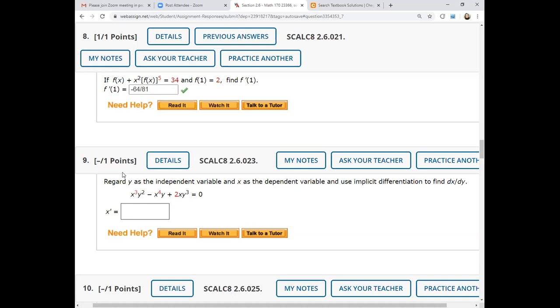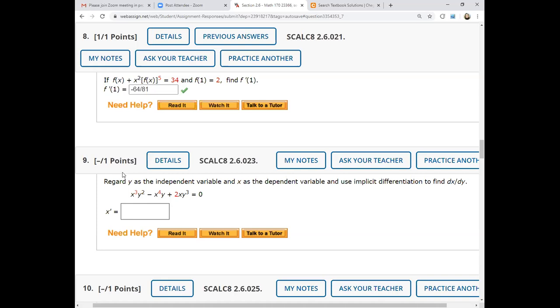So then you get the derivative of the first is 3x squared. The second one is y squared, plus the derivative of the second one with respect to x is 2y dy/dx times the first one, which is x cubed.